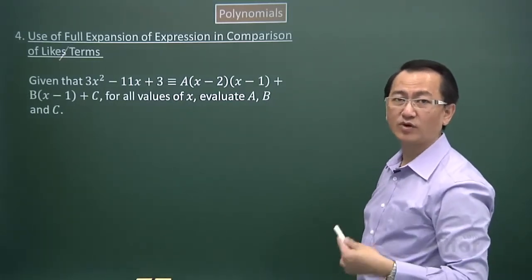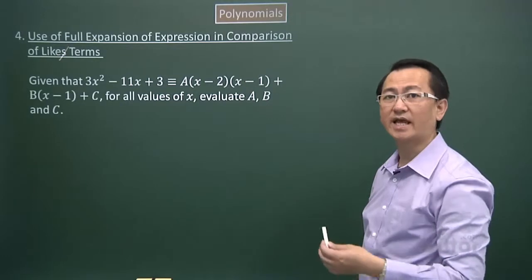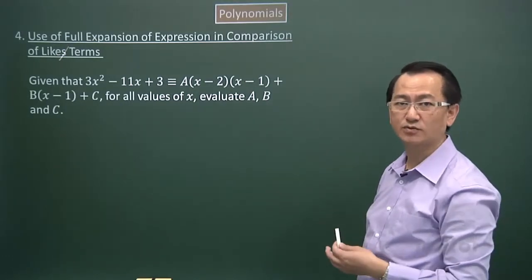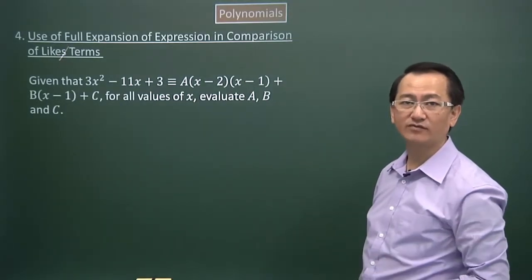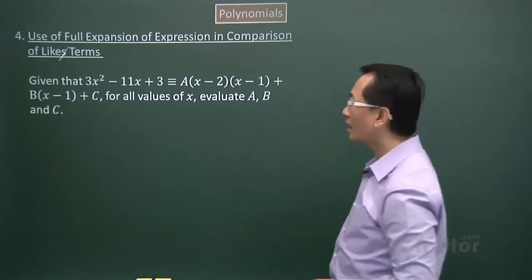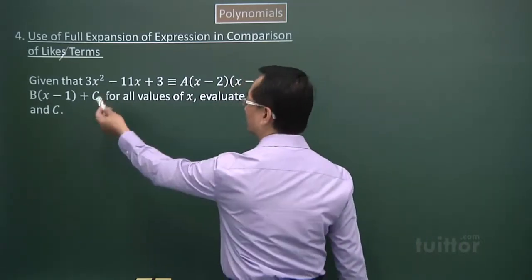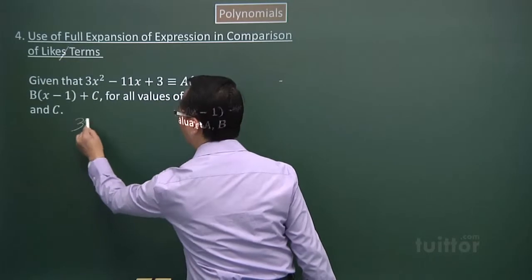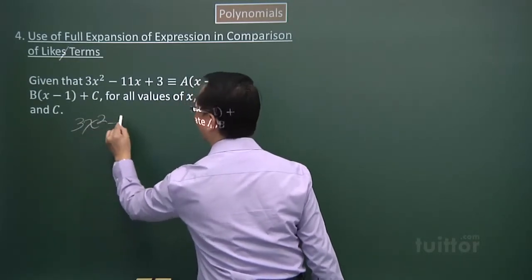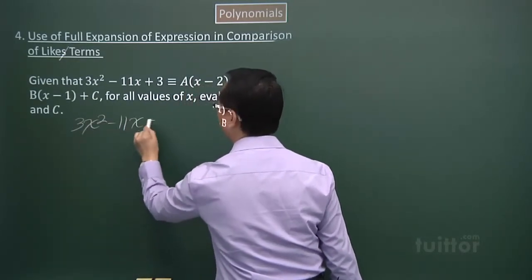Of course, then we will compare the like terms, the x cubed terms, with the x cubed terms on either side of the identities. So here we only have a quadratic expression on the left-hand side.